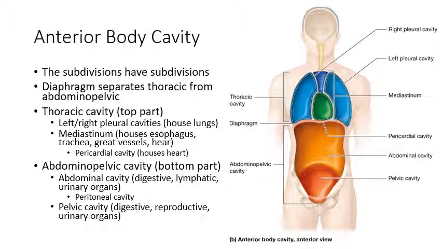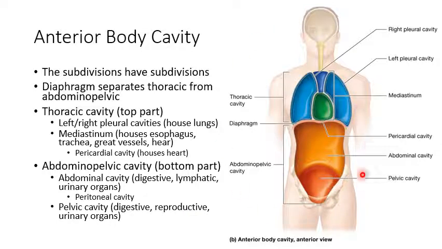It's formed by a membrane inside the abdominopelvic cavity, which we'll go into in a moment. Some of those organs within the abdominal cavity are actually contained within the peritoneal cavity. Then the pelvic cavity contains part of the large intestine, the reproductive organs, and the bladder.